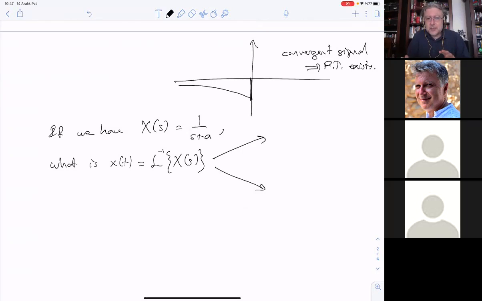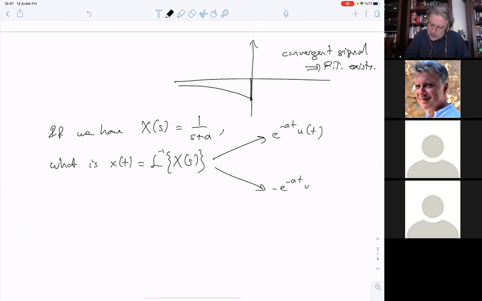Now we have two options, unfortunately. If you are given only this much information, the inverse Laplace transform of 1 over s plus a is either e to the minus at u of t or minus e to the minus at u of minus t. It can be either of them, and you don't know if only this much information is given to you.